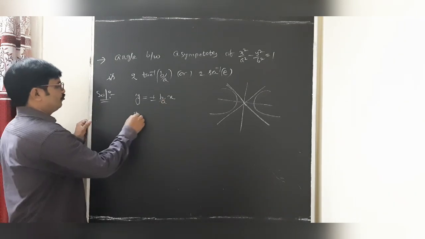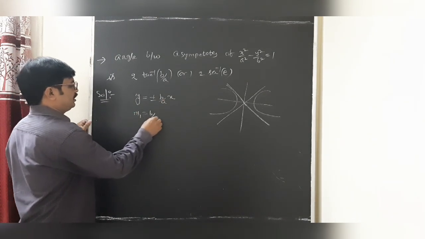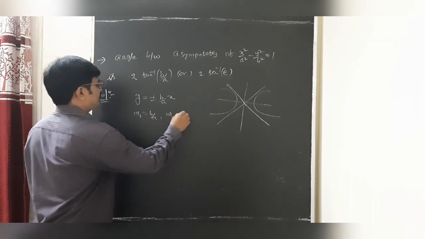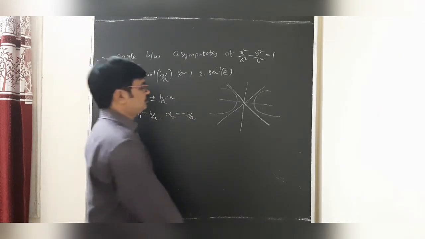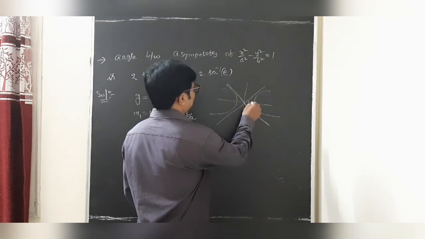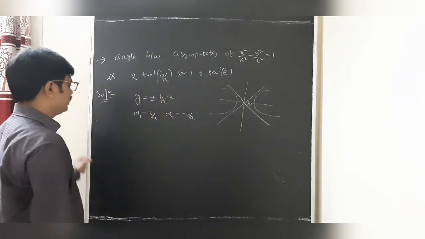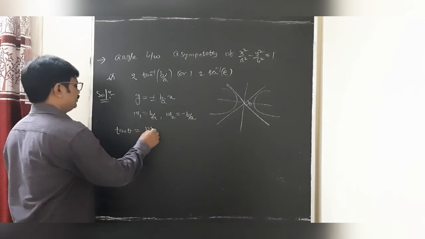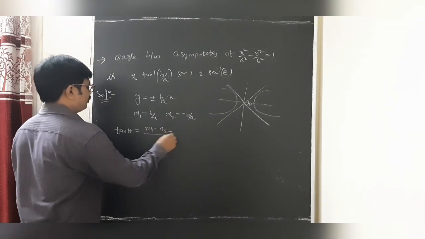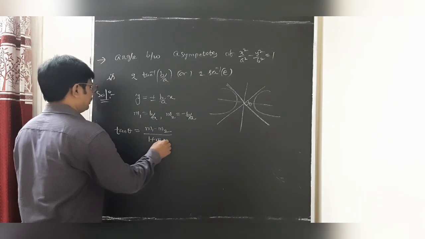So students, m1 equal to b by a and m2 equal to minus b by a. Let theta be the angle between the asymptotes. Then tan theta equal to m1 minus m2 upon 1 plus m1 m2.